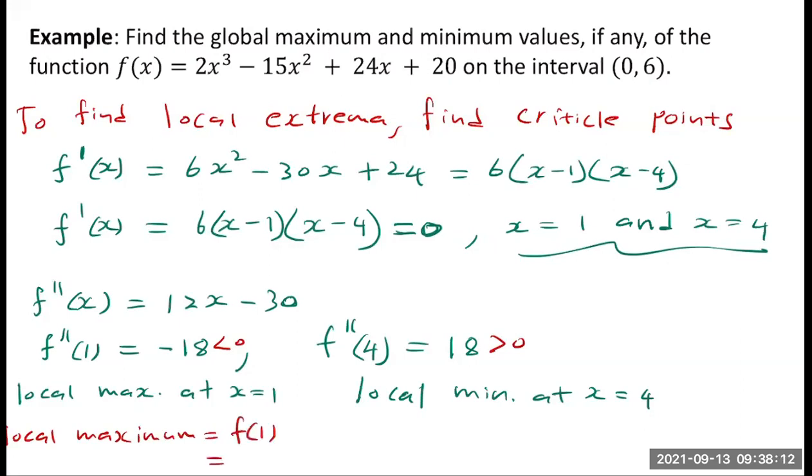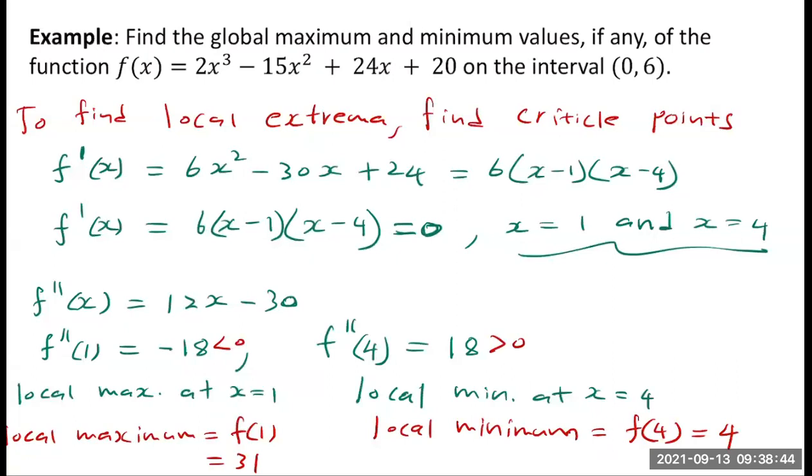If you plug in 1 in your function, your f of 1 would be 31. And then to find the local minimum, you plug in x is equal to 4 in your function. Local minimum is equal to f of 4, which is 4. That means the local minimum is 4.